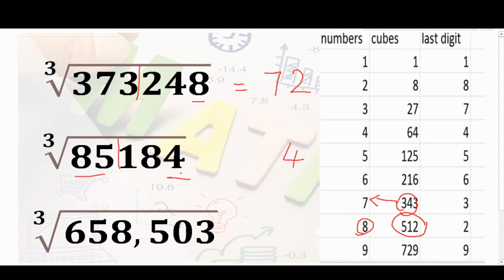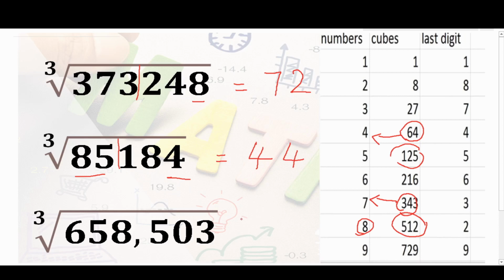What do you have? 85. See, where does this 85 lie? It lies between 64 and 125. So 64 I am going to consider. 64 is nothing but the cube of 4. So I am going to write 4 here. The answer is 44. See how easy it is.